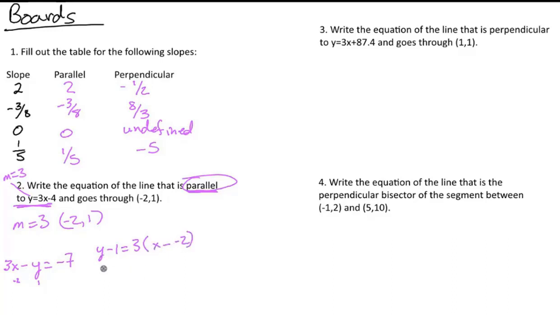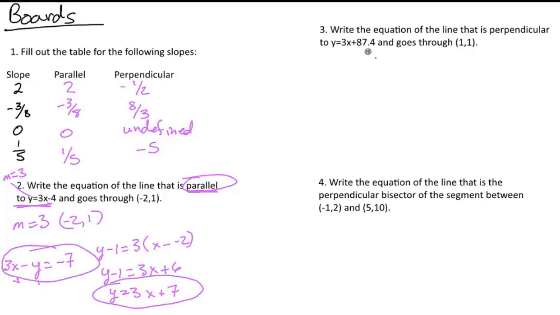So we get y minus 1 equals 3x plus 6, and then add 1 over, and y equals 3x plus 7. So you could have written y equals 3x plus b and then stuck in those points to find b as 7.